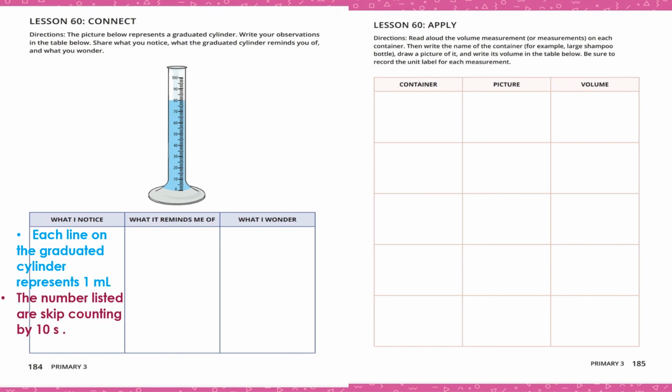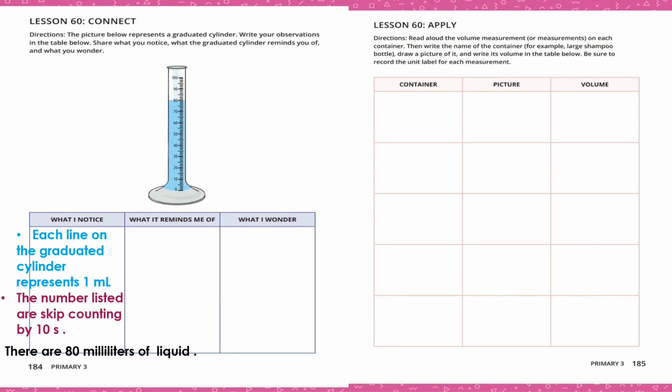The numbers listed are skip counting by tens, like 0, 10, 20, 30, 40, 50, 60, and so on, the multiples of 10. And there are 80 milliliters of liquid. The volume of the liquid here in this cylinder equals 80 milliliters.